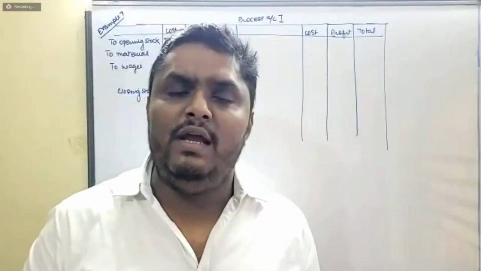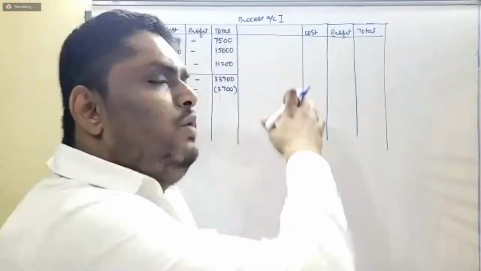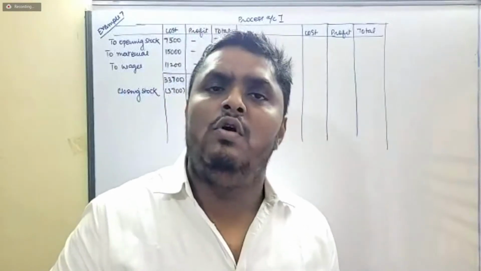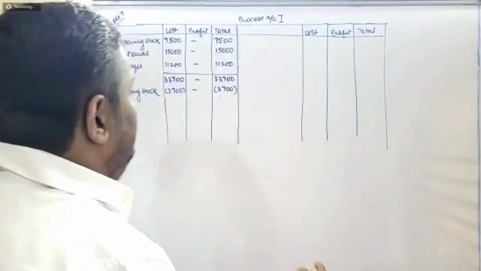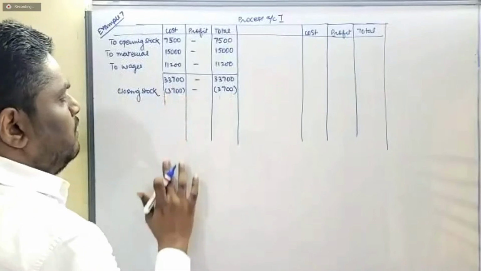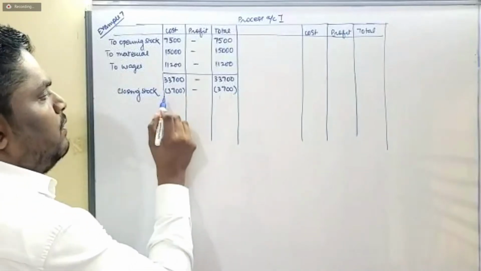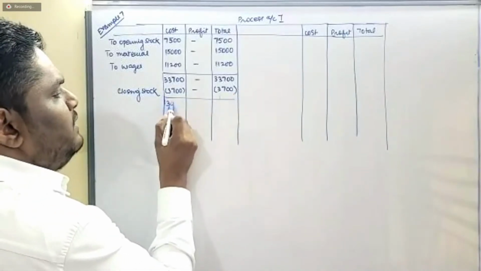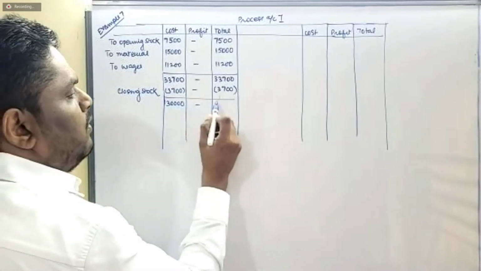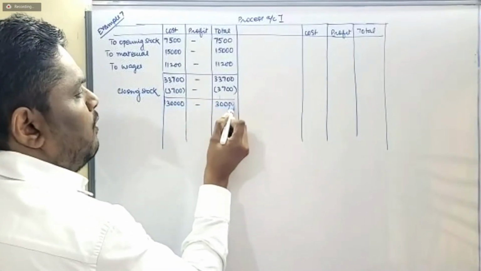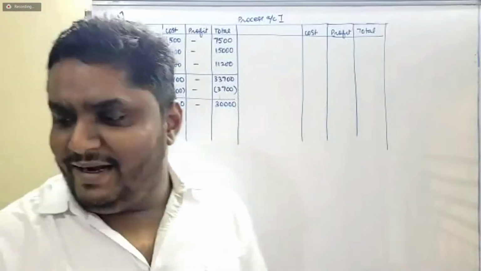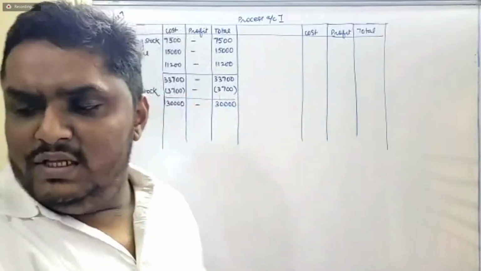Instead of subtracting closing stock from this side, better you can show it on the credit side also. Both the approaches are correct. So my balance amount will be 30,000. My factory overheads are given, that is 10,500.